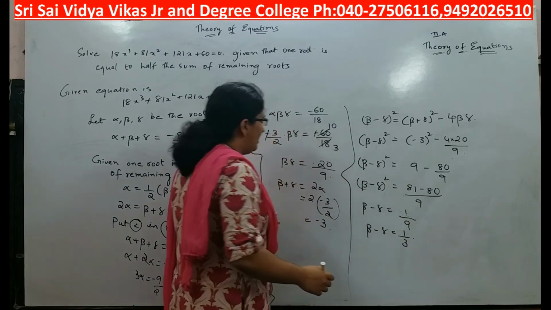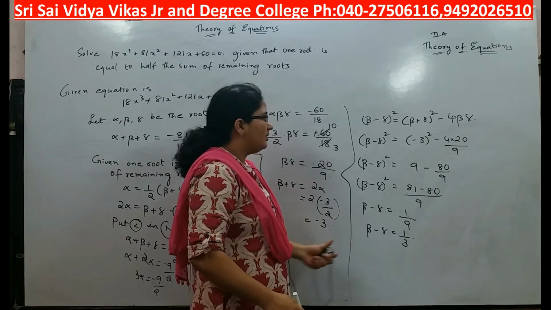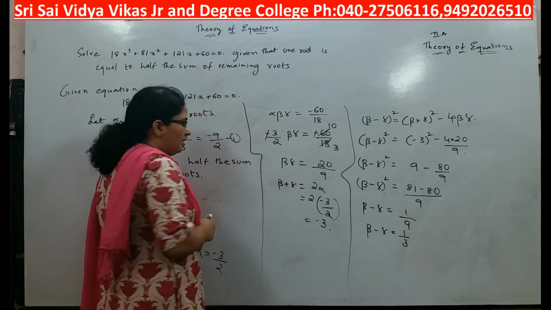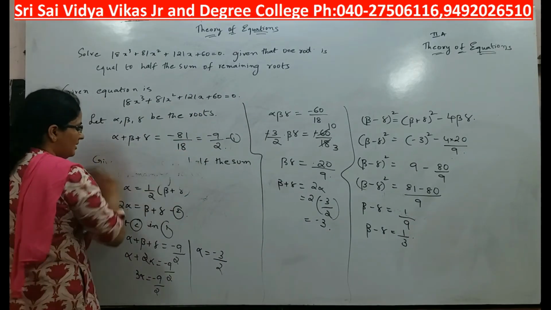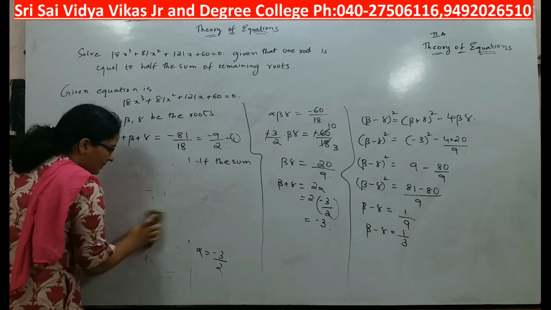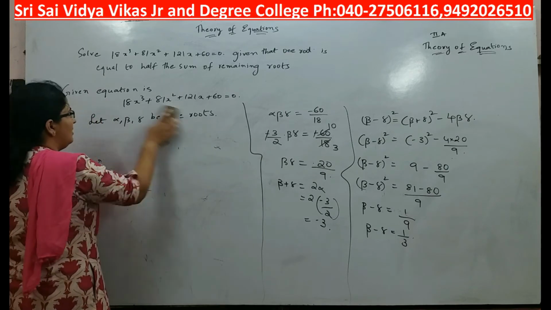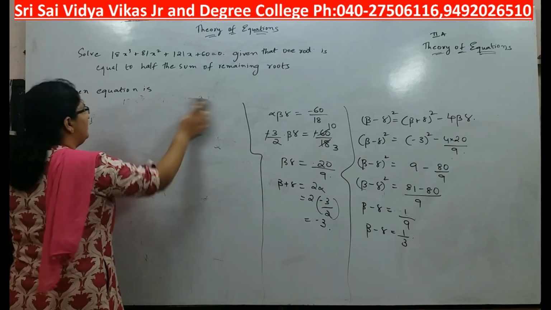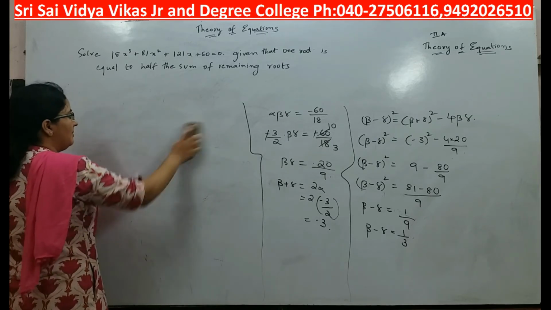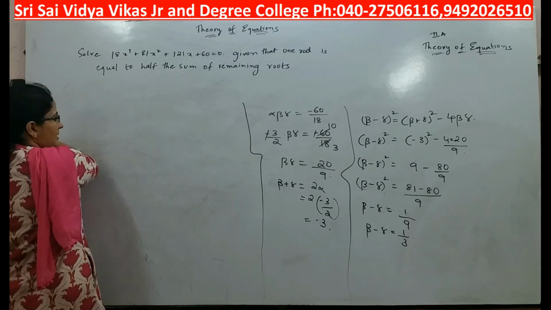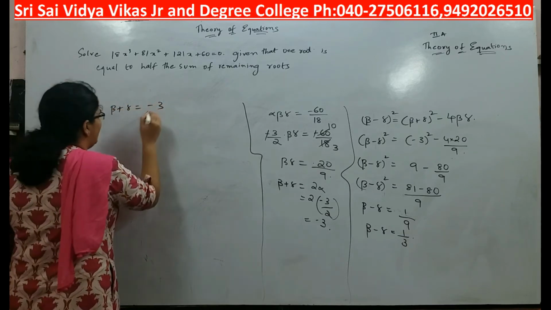Now you have beta plus gamma and beta minus gamma. Add both. How to add both? Let us discuss. Beta plus gamma is equal to minus 3.